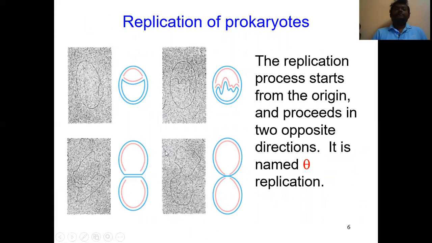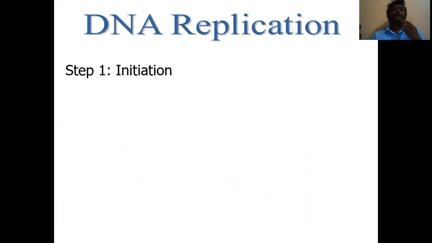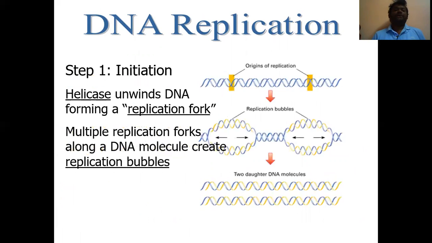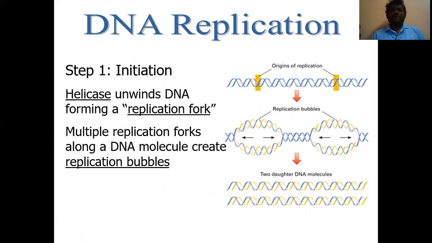The replication fork in prokaryotes starts from the origin and forms a shape like theta. Next, we come to the steps involved in DNA replication. The first and foremost step is called initiation. Initiation of the replication starts by unwinding the DNA molecule.